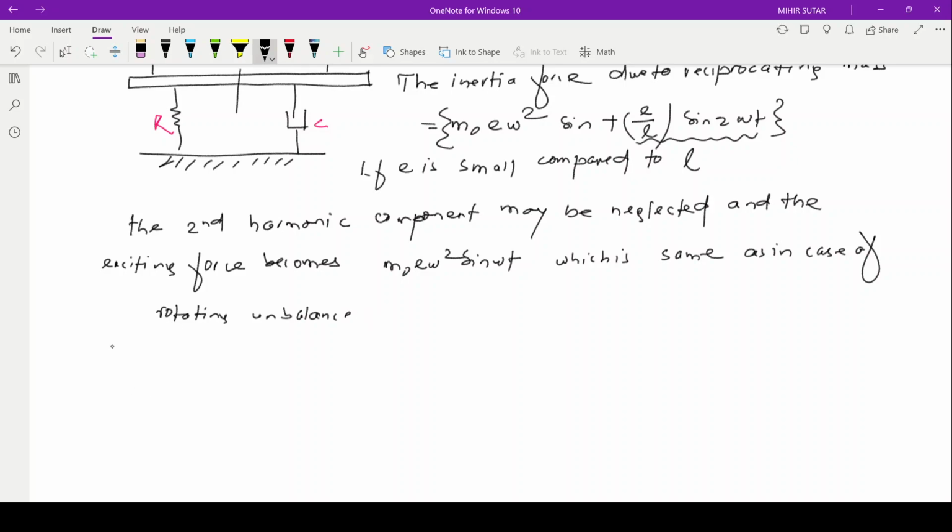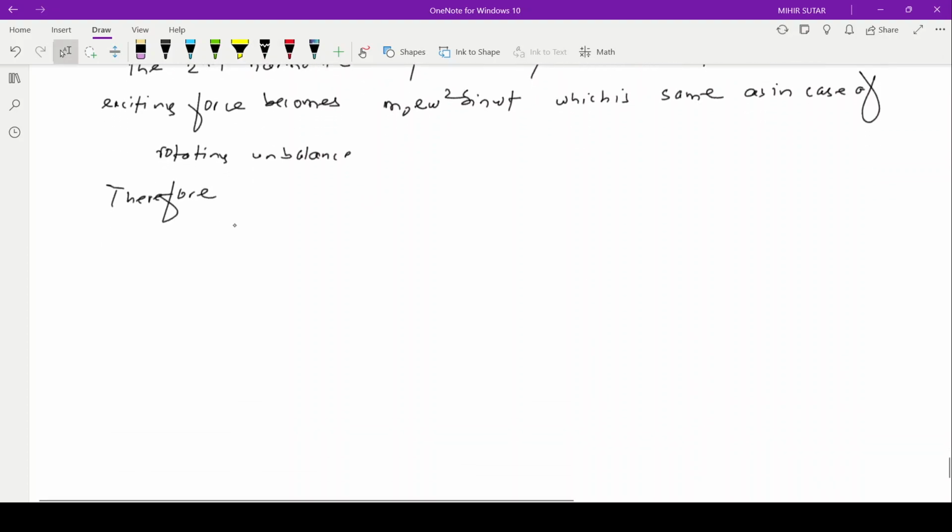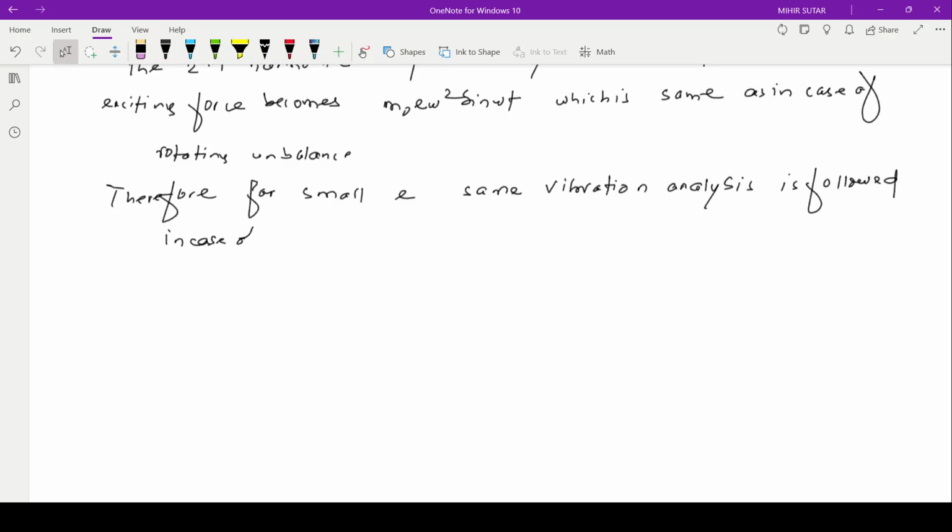Okay. Therefore, for small e, same vibration analysis is followed in case of reciprocating unbalanced mass.